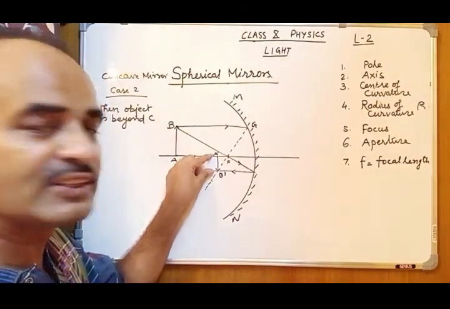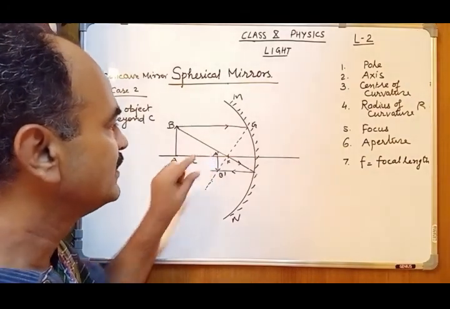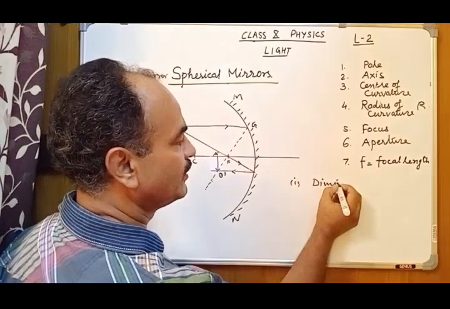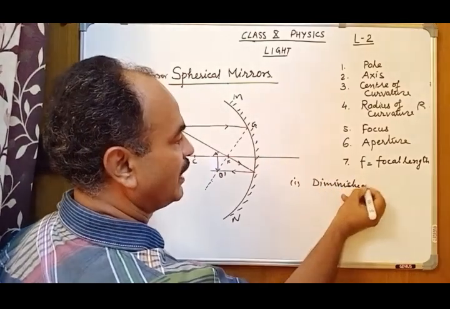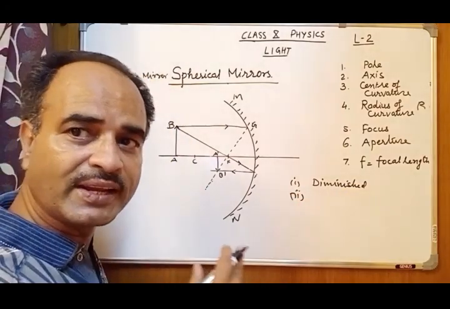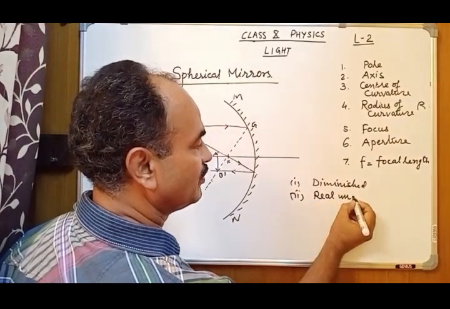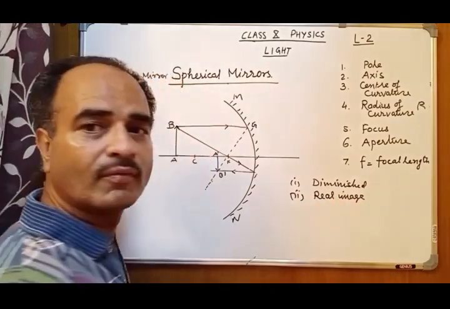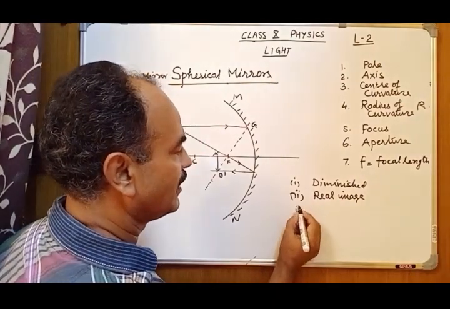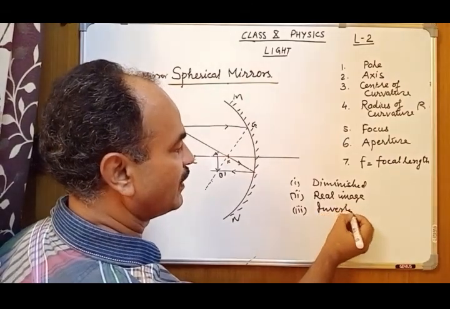You can see here very well that it is a diminished image, and a real image, because the rays after reflection are actually meeting. So this is a real image, and it is not an erect image, it is an inverted image.